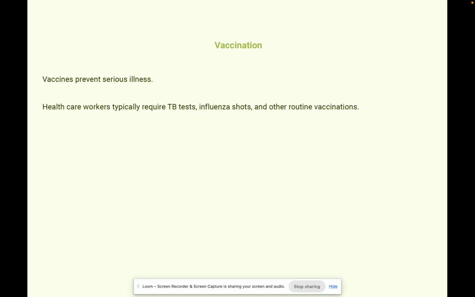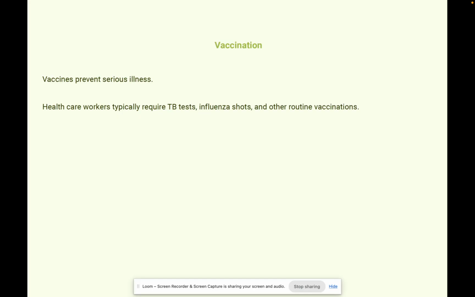So that's why, when you start your placement, because you are considered healthcare workers, you are typically required to do some TB testing, influenza shots, or maybe to check your immunities, and of course, other routine vaccinations, right?